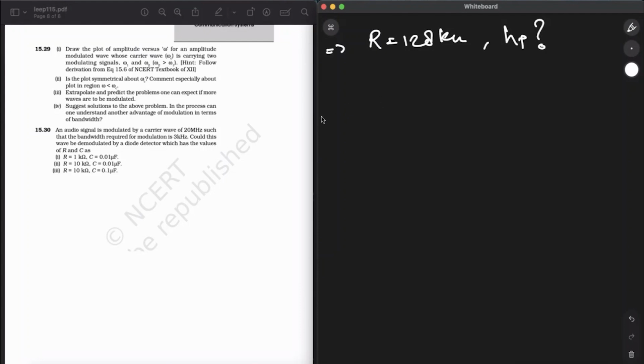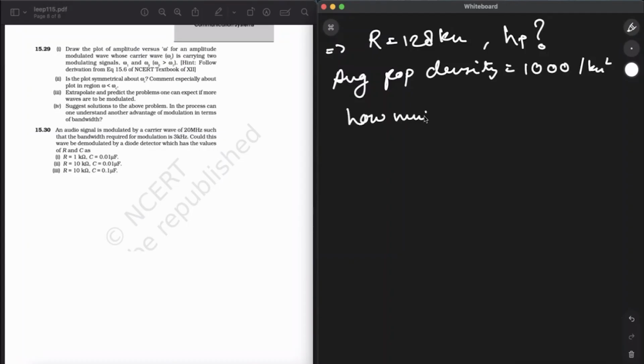If the average population density around the tower is 1000 per kilometer square, how much population is covered?